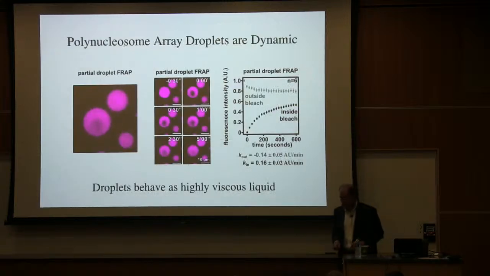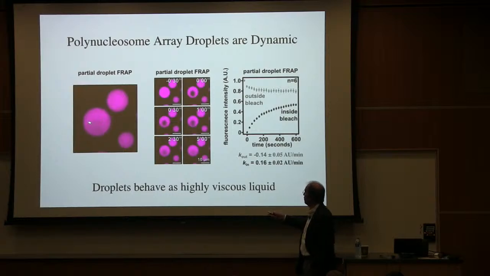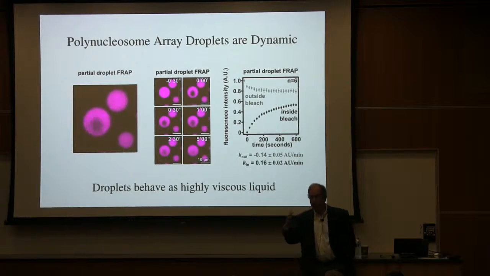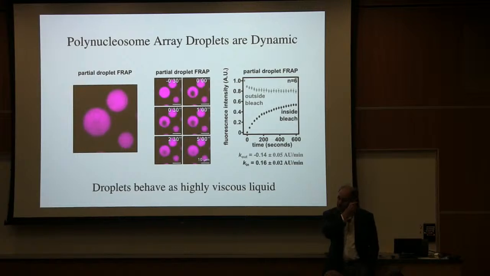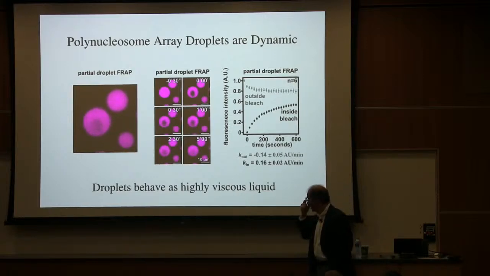These are very clearly liquid-like structures. If we photobleach the center of a large one, we can watch the recovery, quantified on timescales here of about 10 minutes. That's slower than other phase-separated systems, which suggests that these are more viscous droplets than observed elsewhere. But clearly, this is liquid.